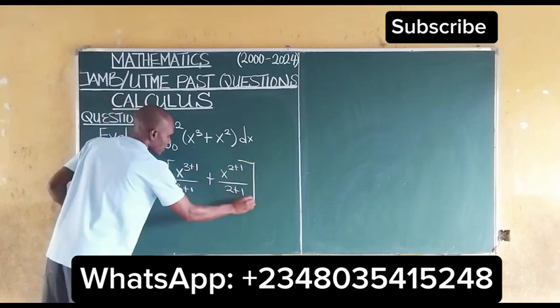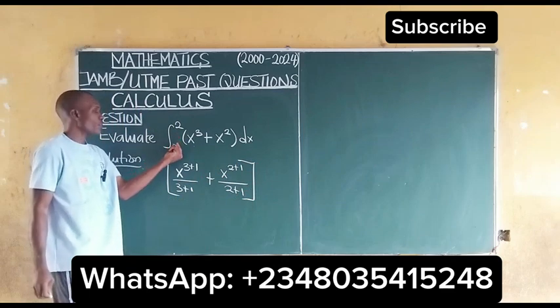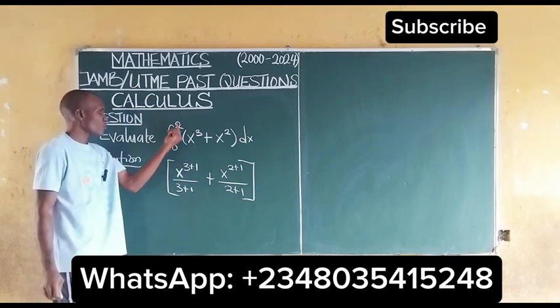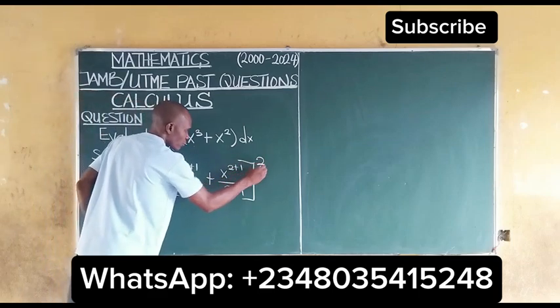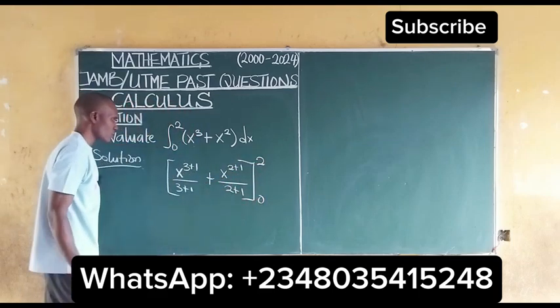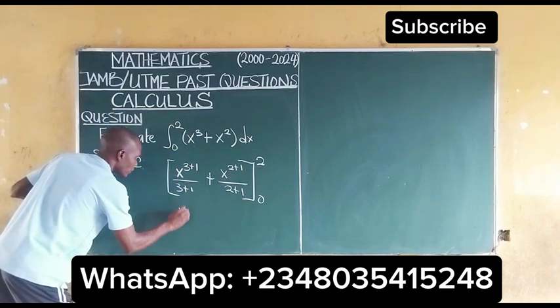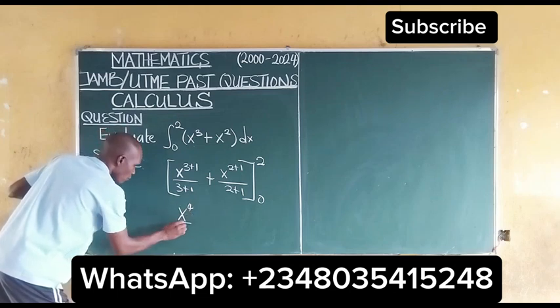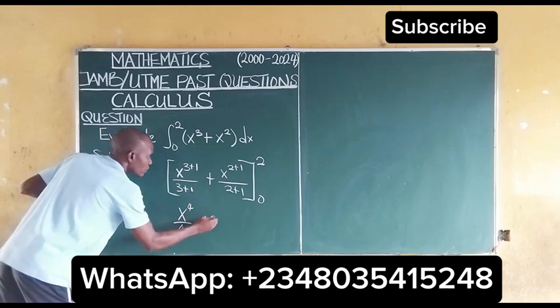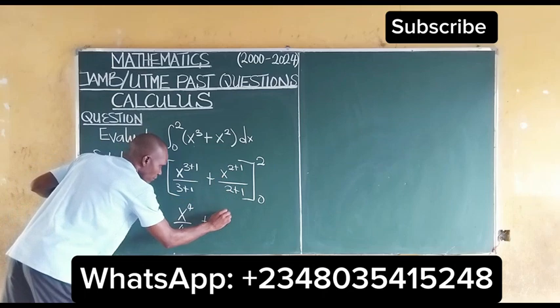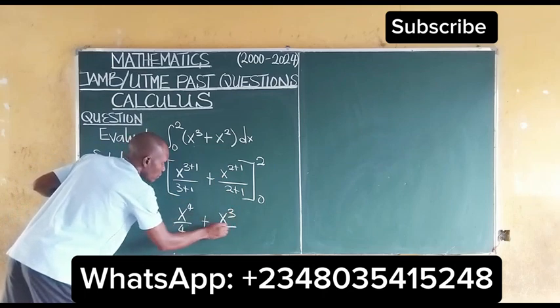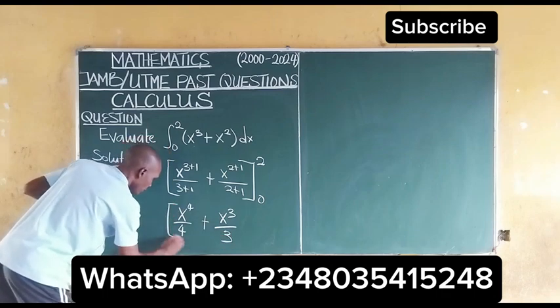And if we watch out, this integral is bounded by an interval 0 to 2, so we also include it, 0 to 2. All we need to do is to simplify this, which is x raised to the power of 4 all over 4 plus x raised to the power of 3 all over 3.